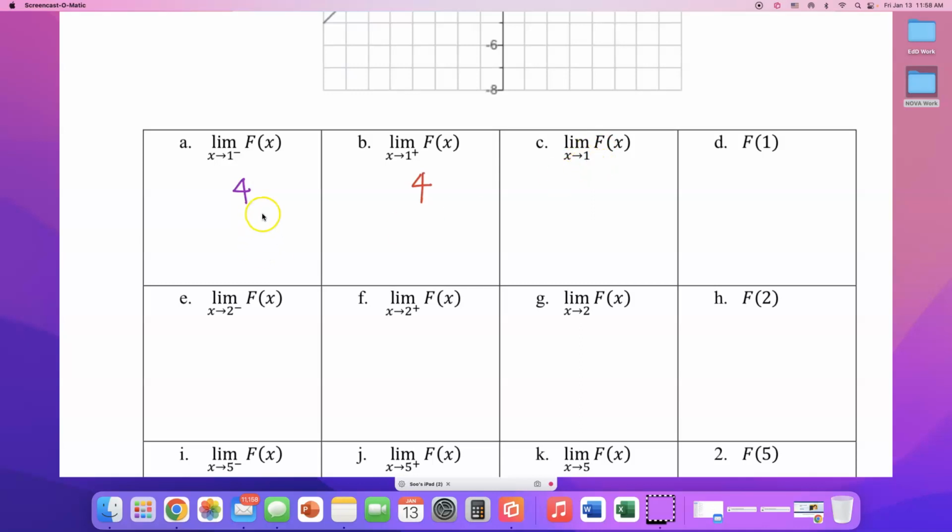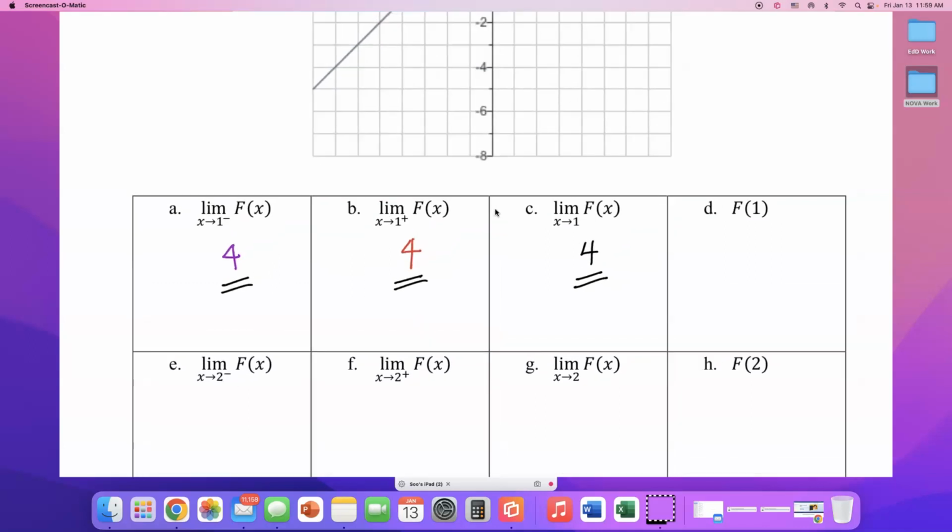Notice that this left-hand limit and the right-hand limit are the same. So we get to say this exists, and the answer is 4, because the left-hand limit from part A and the right-hand limit from part B were both 4, so the general limit has to be 4.